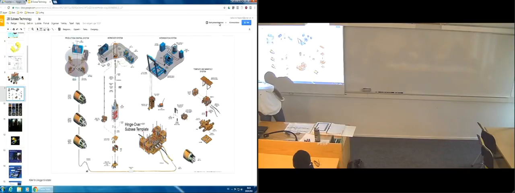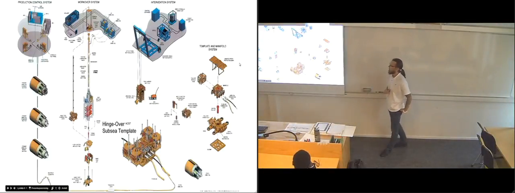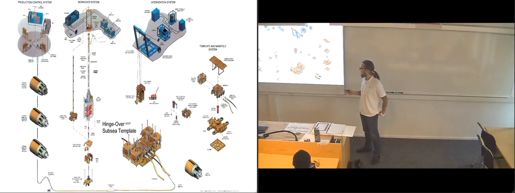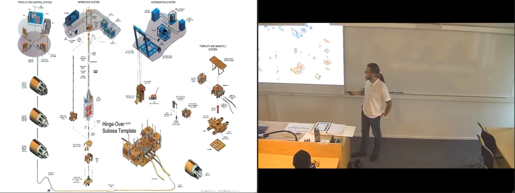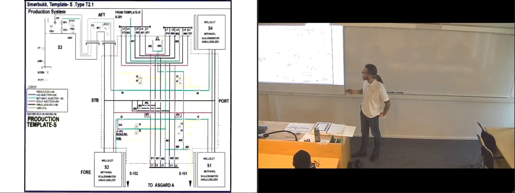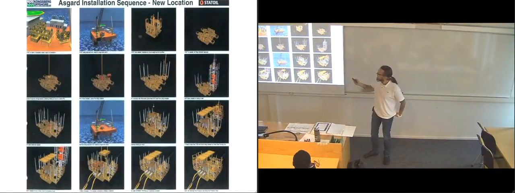I also figured out what the host abbreviation was when we were looking at the Åsgard stuff. So it's basically hinge over subsea templates. It has to do with these parts that they are hinging up when they are lowering it, and then they are lowering them when they get down.